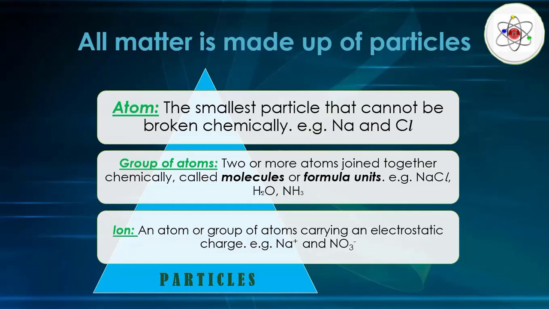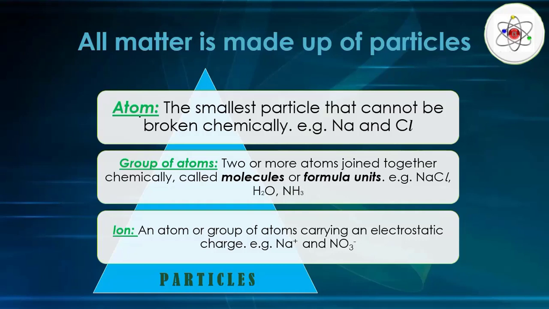H2O is a group of 3 atoms in which 2 atoms of hydrogen are bonded individually to 1 atom of oxygen. So this is a single molecule of water. And NH3 is a group of 4 atoms, 1 of nitrogen and 3 of hydrogen. So a group of 4 atoms is a molecule of ammonia gas.